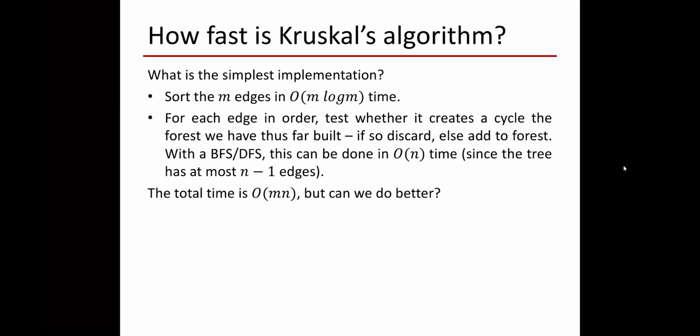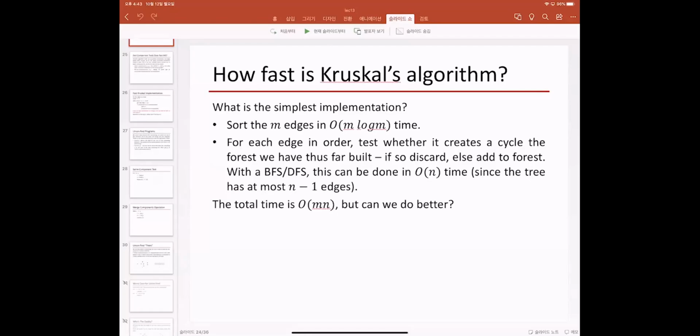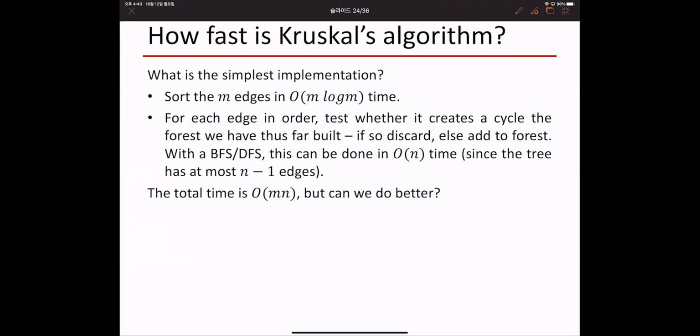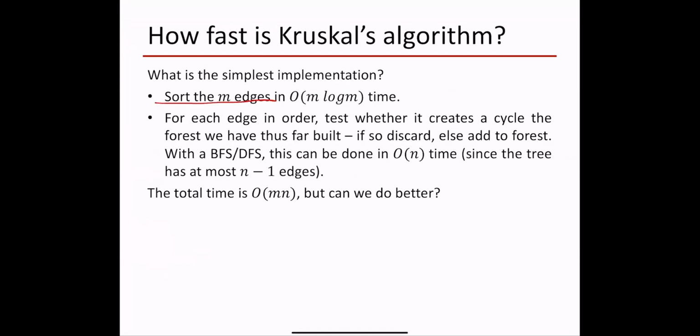So how fast is Kruskal's algorithm? In the simplest implementation, I have to sort all the edges, which is m log m time. And for each edge in order, test whether it creates a cycle, meaning am I safe to add it?